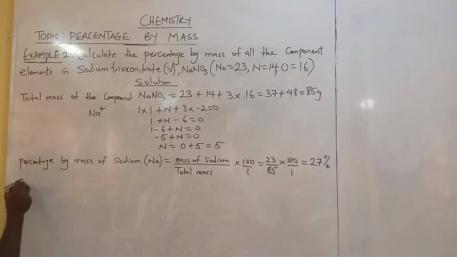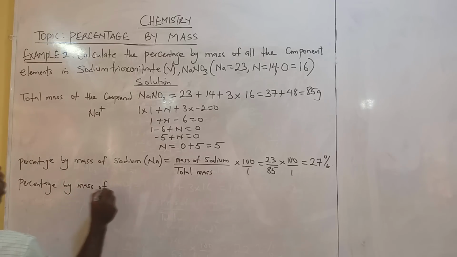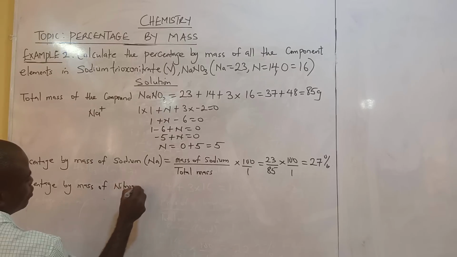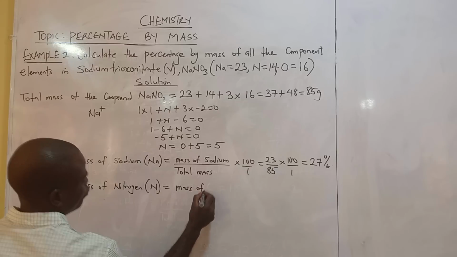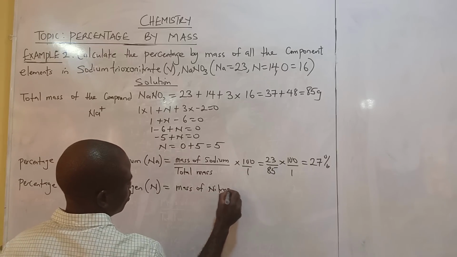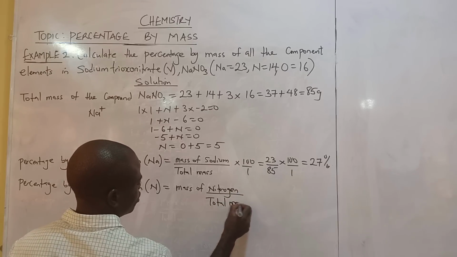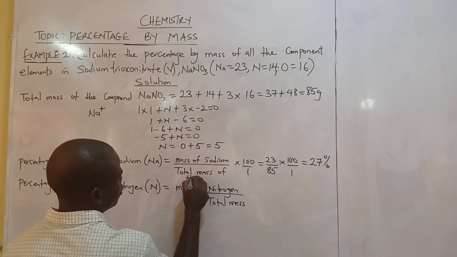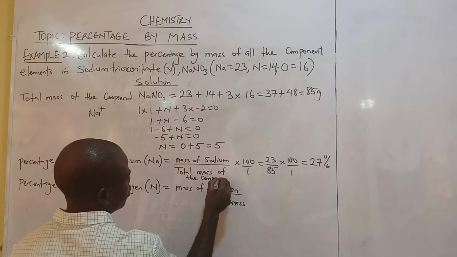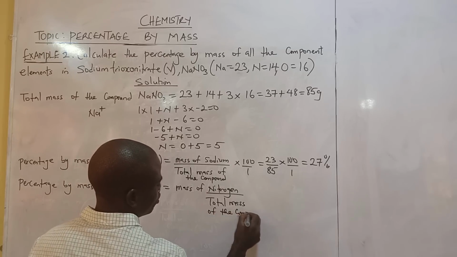Percentage by mass of the next element, nitrogen, equals mass of nitrogen over total mass of the compound.